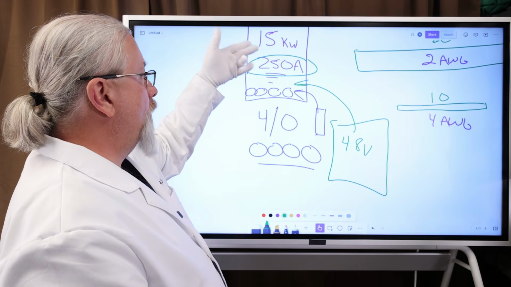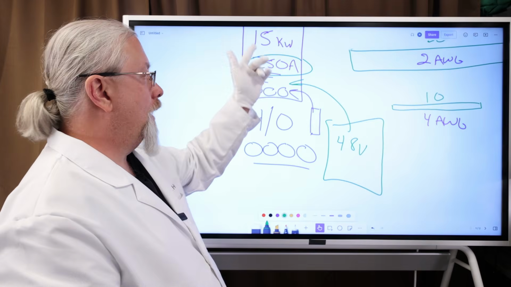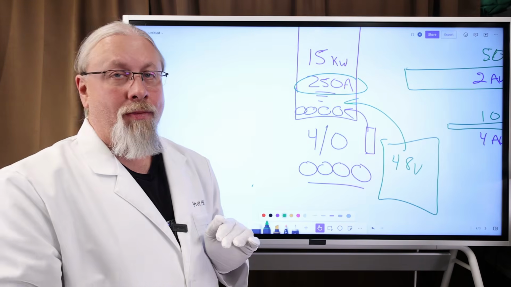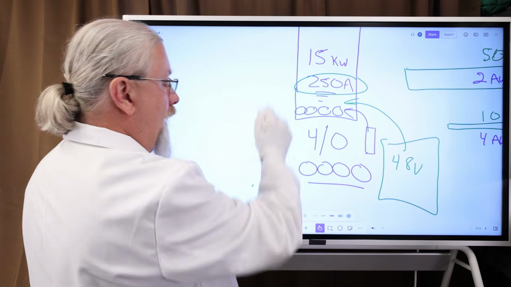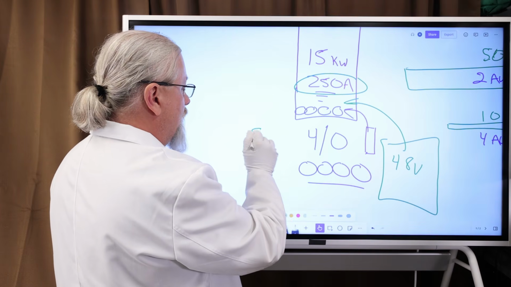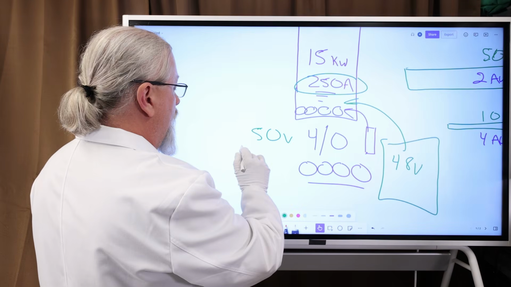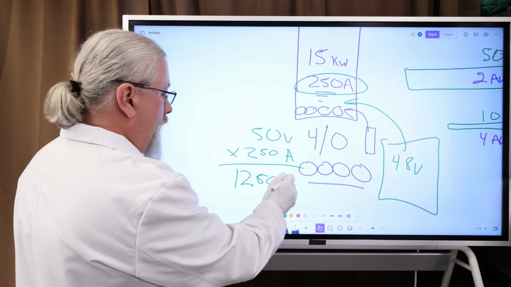I use this example, 15 kilowatt. It's probably closer to 300 amps for 15. So say a 12 kilowatt would be around 250. I'm just doing the math in my head. So with a little bit of very easy math, I can tell you if I am correct on there. So we do 48 volts. A 48-volt battery actually runs nominal about 50 volts times 250 amps. So 50 times 250 is 12,500.